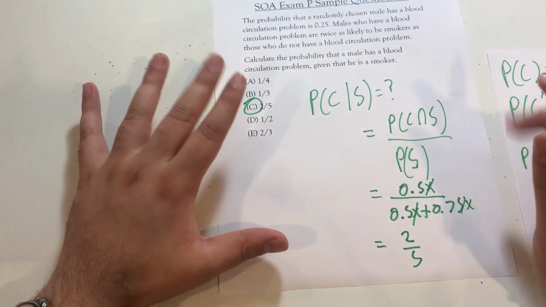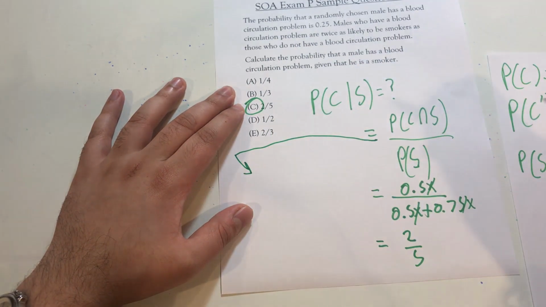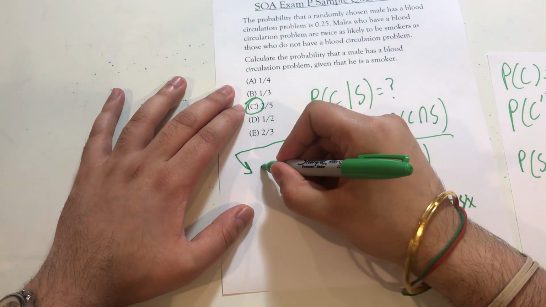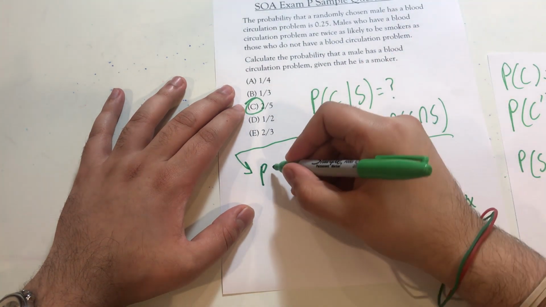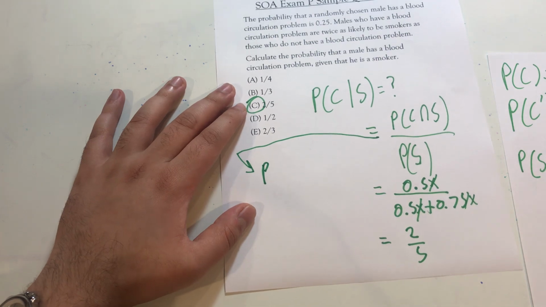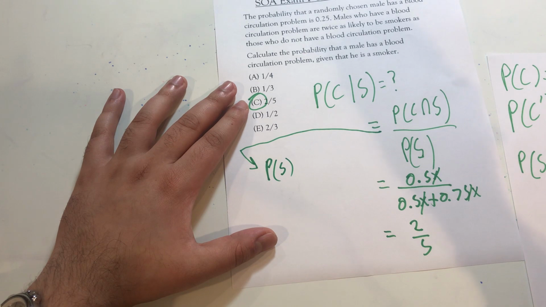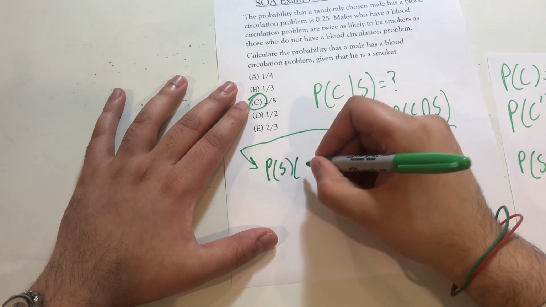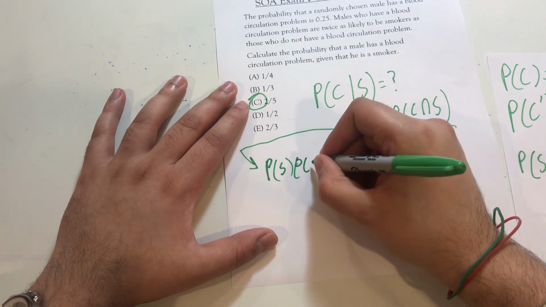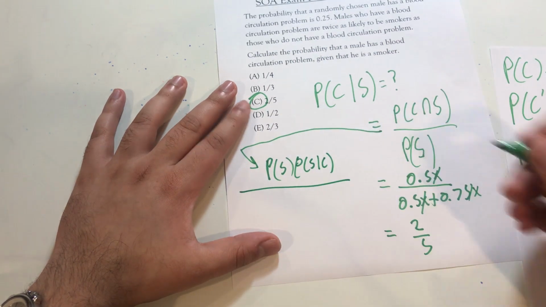So from Bayes theorem, my numerator would be the probability of someone being a smoker times the probability that you're a smoker given that you have a circulation issue, over the probability of being a smoker.